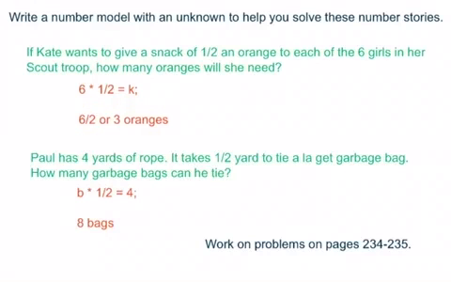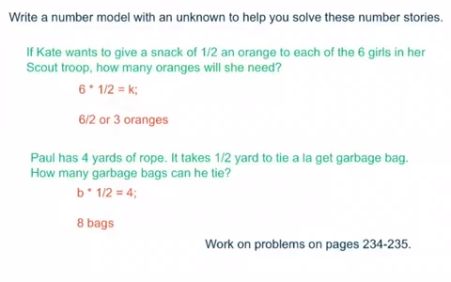So I used the letter B this time for garbage bag. You could pick any letter you want. B times 1/2 equals 4. That's what we know, right? Some number times 1/2 equals 4. Hopefully if you did that math, you would be able to figure out, well, that's going to be 8 bags, because what I'm trying to get to is what over 2 would give me 4, right?